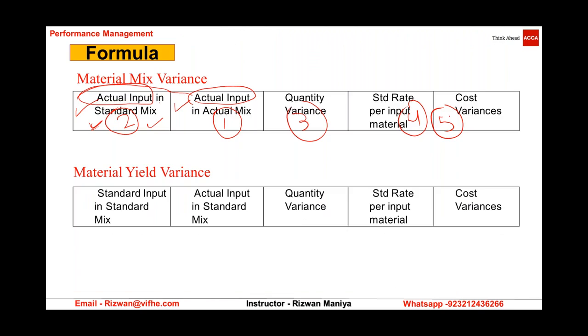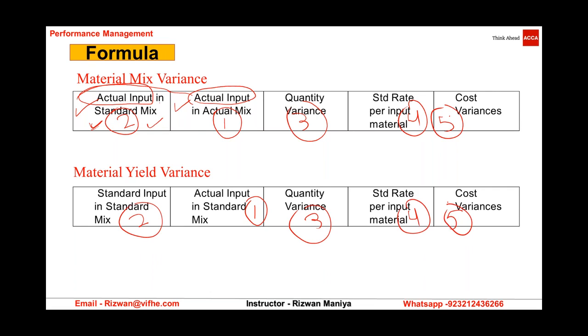So you can see for yield it says standard input in standard mix, actual input in standard mix, quantity variance, standard rate, cost variance. So this is exactly the same. So what first thing am I going to do? Listen everyone. This is very simple. First this, then this, then this.